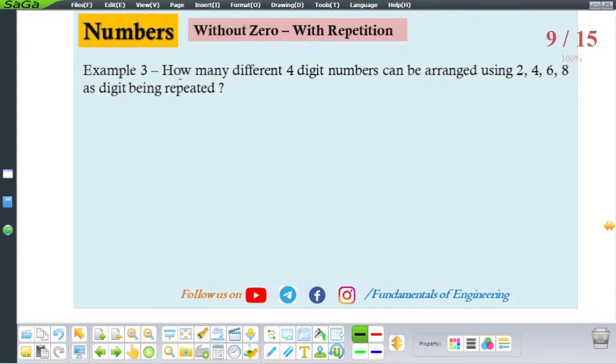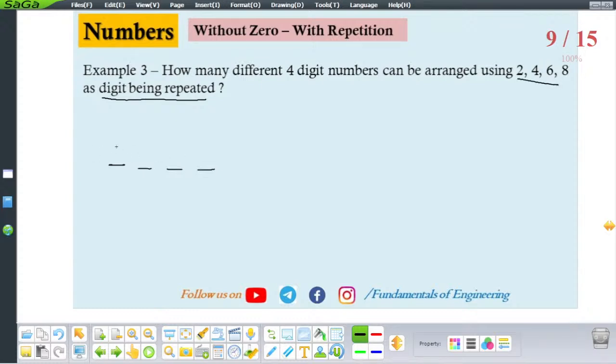The example: how many different 4-digit numbers can be arranged by using 2, 4, 6, 8, with digits being repeated? Whatever digits we use can be used again and again. We have to form a 4-digit number, and the given digits can be repeated.